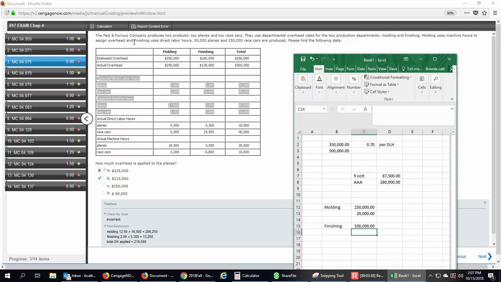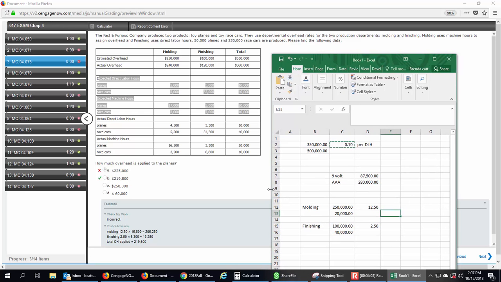Finishing must be by direct labor hours. So expected direct labor hours for this department are 40. So if we divide, those are our 2 rates for each department. So now let's go make some airplanes.